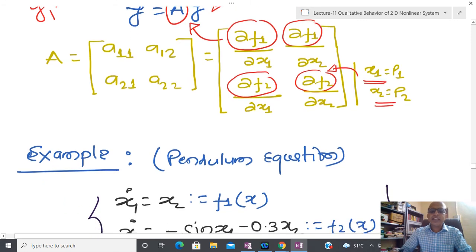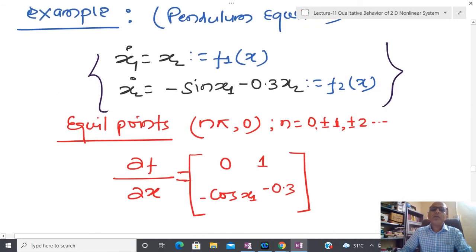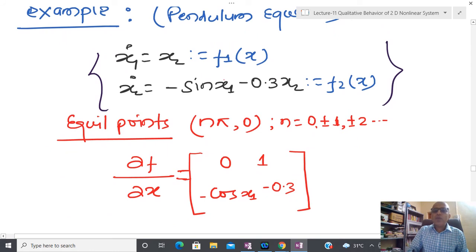let us come to one simple example. I have taken the example of the pendulum system, and I hope you have already seen this example, so I am not going to derive the differential equation again. You can see here I have x1 dot equal to x2, and I have written f(x) here, that is f(x1, x2).